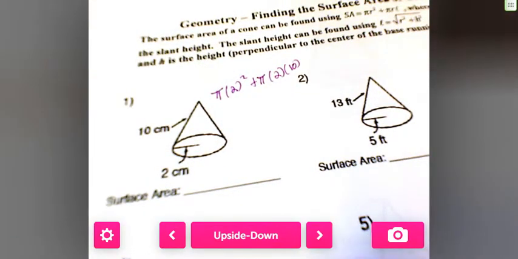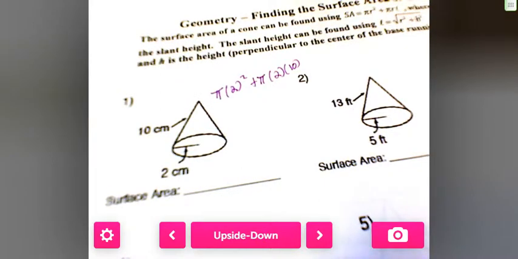I'm going to use the pi button instead of 3.14 because it's more accurate. So we're going to go pi times 2 squared plus pi times 2 times 10.